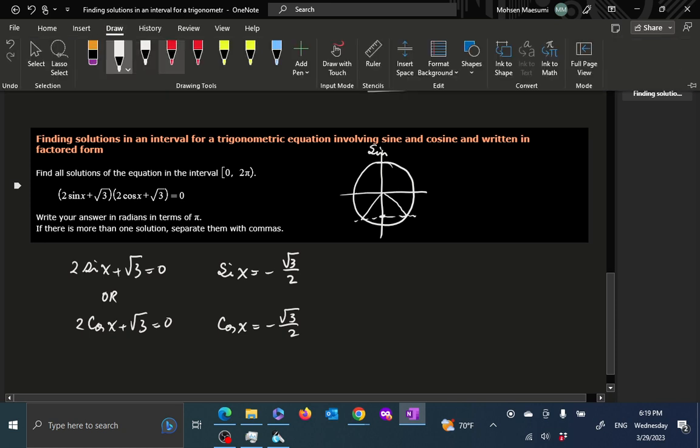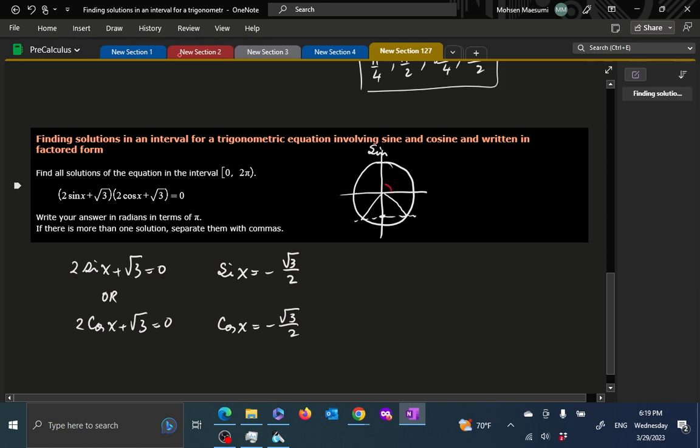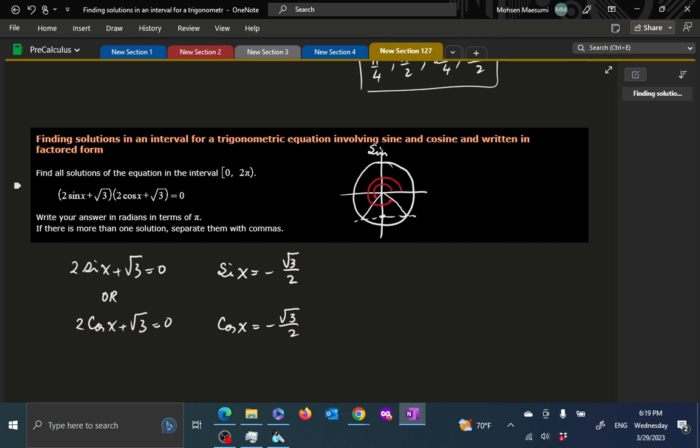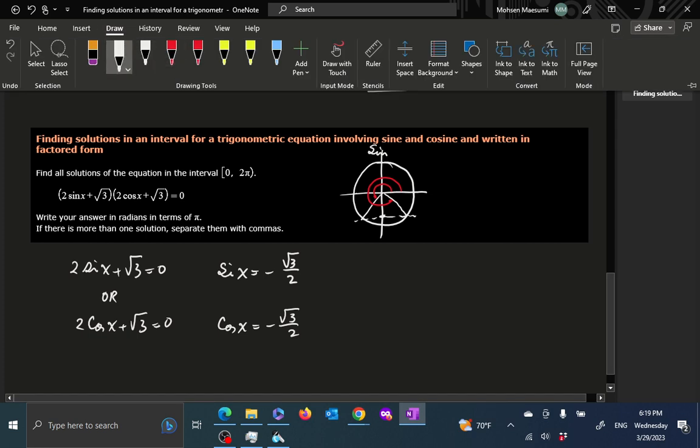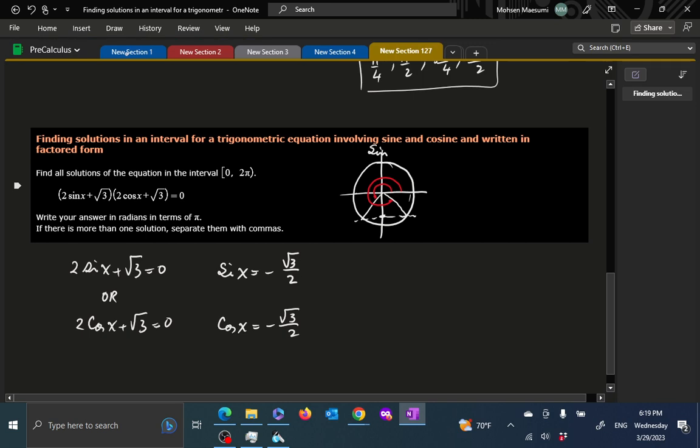Here is perhaps the main challenge of this problem. They have to be between 0 and 2 pi. That's what we are after. So let's consider this the reference angle. That's pi over 3.